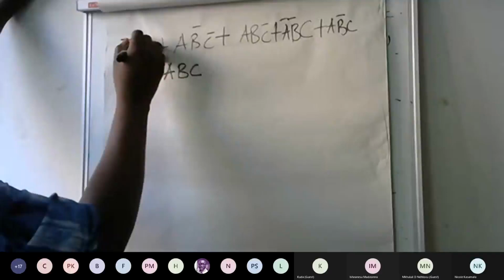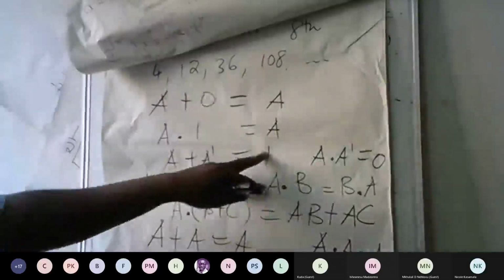Like if I look at the first term, I know from the laws that I have given you that A plus A complement is equal to 1.